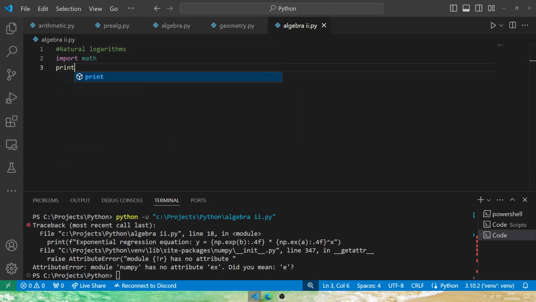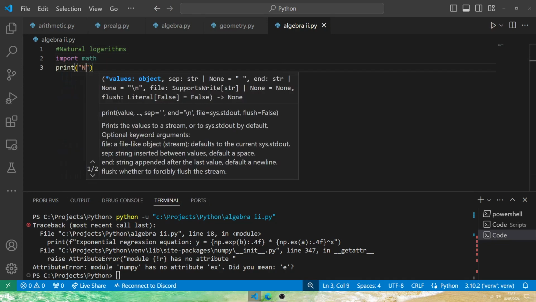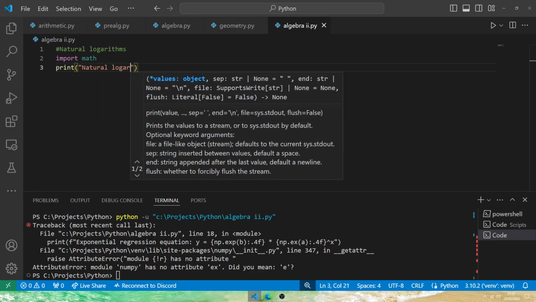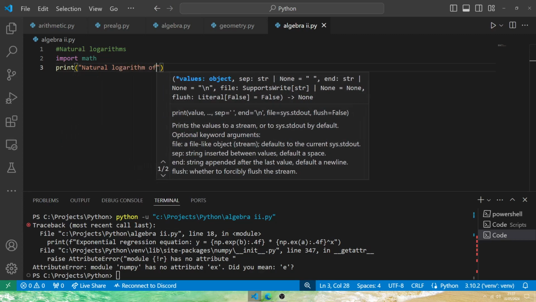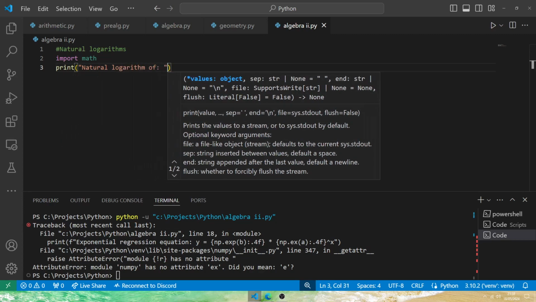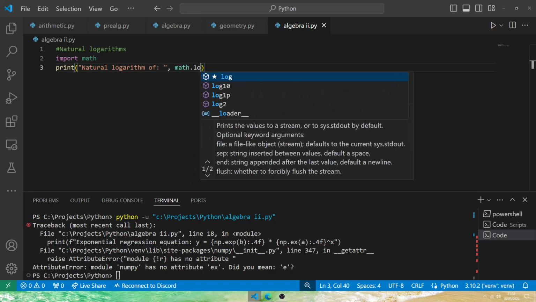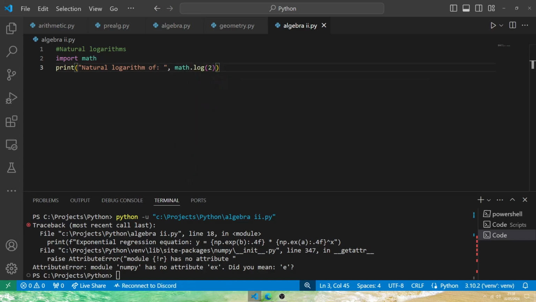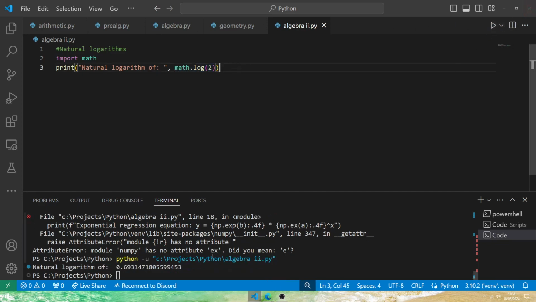The syntax is pretty simple: the natural logarithm of 2 is math.log(2). That's all you need to calculate natural logarithms. If I were to run it, we can see the natural logarithm of 2 is this number.